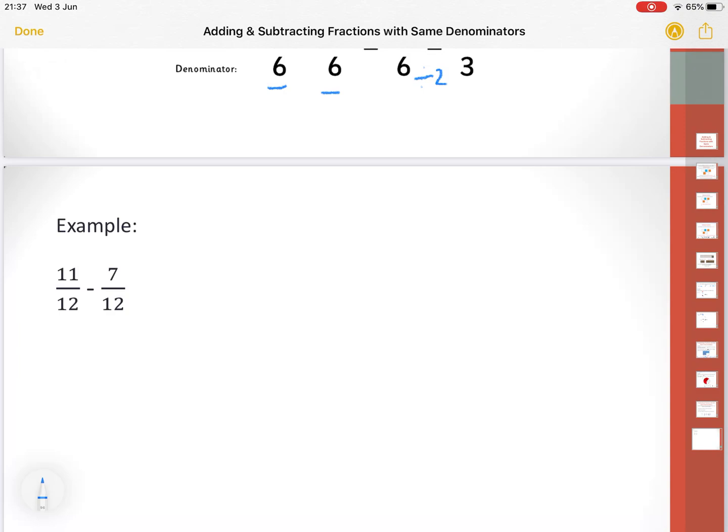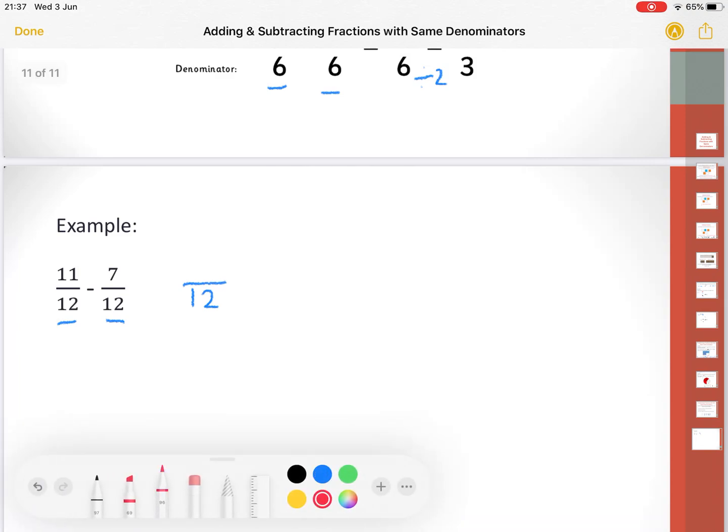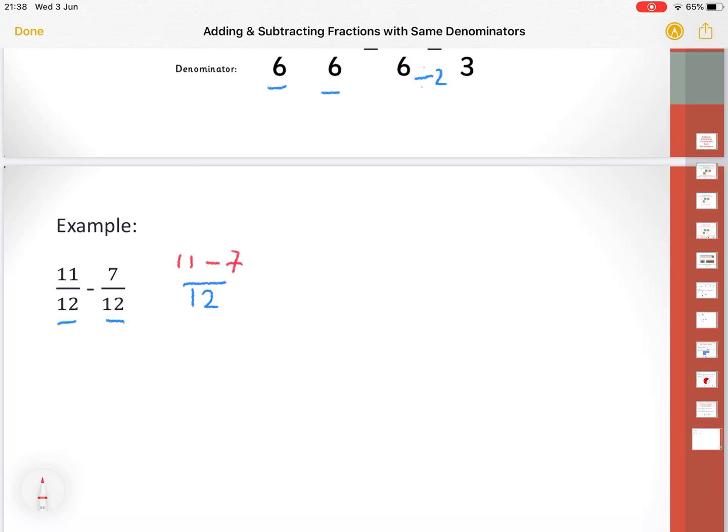11 twelfths minus 7 twelfths. The denominators, boys, are the same. Alright? So the denominator remains the same. I just need to subtract the numerators. 11 minus 7 is equal to 4. So 4 twelfths.